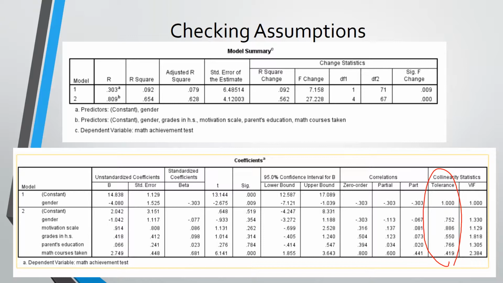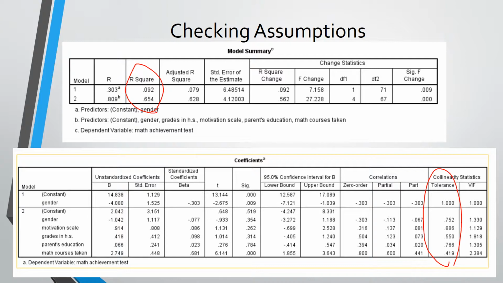If we look at our model summary table, we can see where r squared is. And we can determine in this case that our tolerances should be greater than 1 minus 0.65, which is equal to 0.35. So all the values in that tolerance column should be higher than 0.35, and they are in fact all higher than 0.35, meaning that multicollinearity is not an issue with our data.